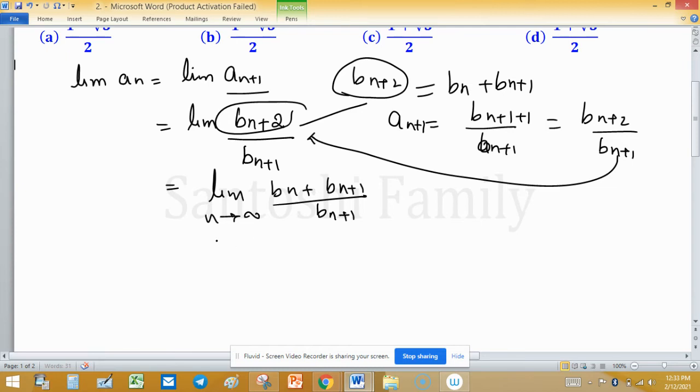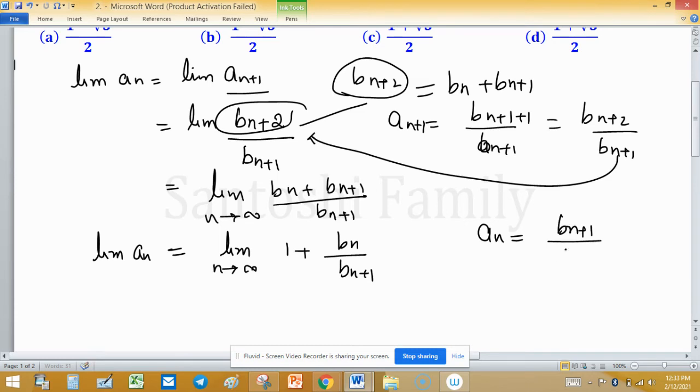Use it here: it will be the limit as n tends to infinity of 1 plus b_n divided by b_(n+1), and on the left hand side, the limit of a_n. As a_n is given to us as b_(n+1) divided by b_n, take its reciprocal.